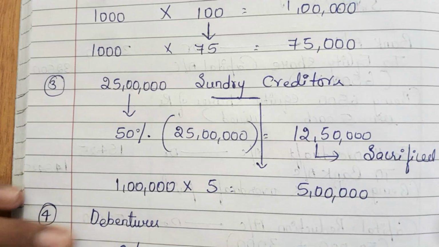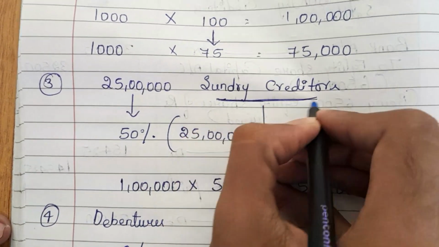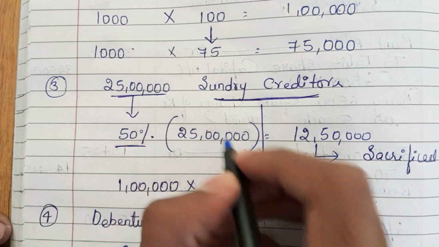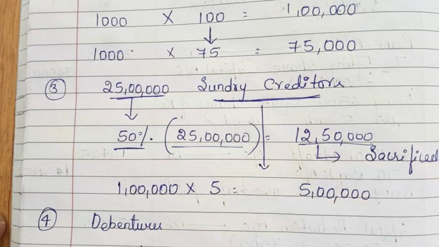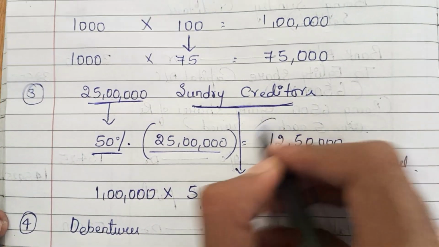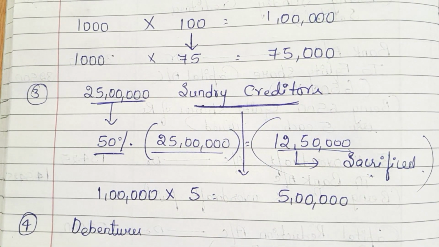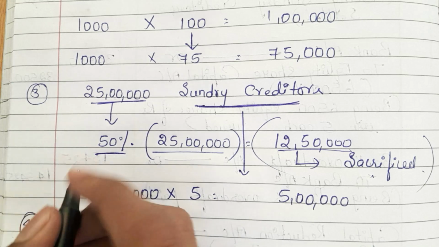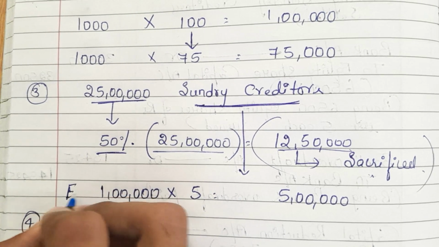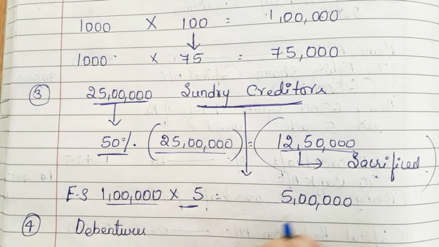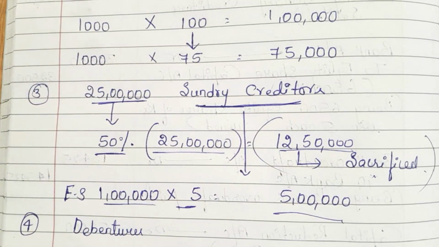Now the third entry is the sundry creditors. So 25 lakhs, in that 50% of 25 lakh is 12,50,000 has been sacrificed. So the sacrificed amount we need to transfer into capital reduction account. Then for them we are issuing equity shares, that is 1 lakh equity shares of 5 rupees, which is nothing but 5 lakh.